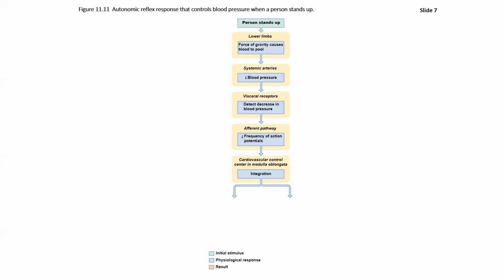I send a signal to the central nervous system that blood flow has decreased. The central nervous system that controls the heart and the heart rate, what would the response be from the brain to the heart? What would the brain be trying to tell the heart in response to this signal?